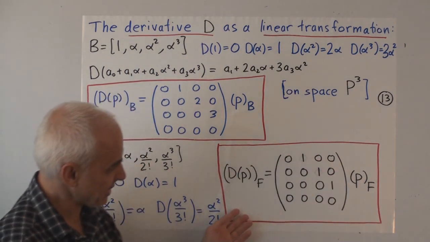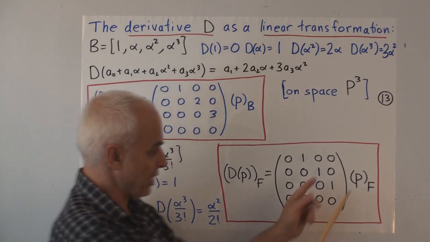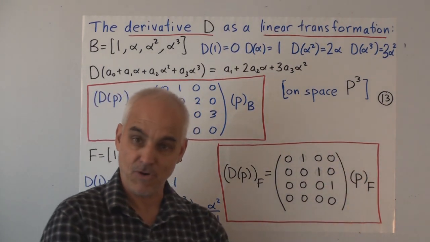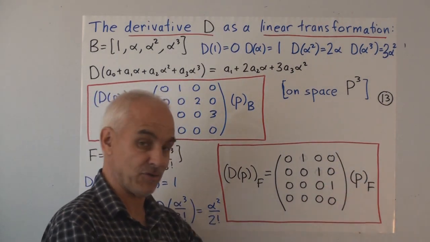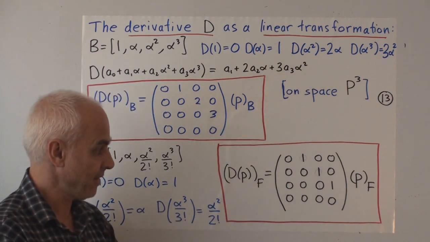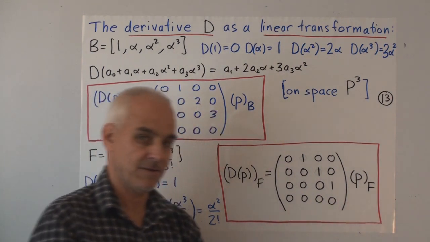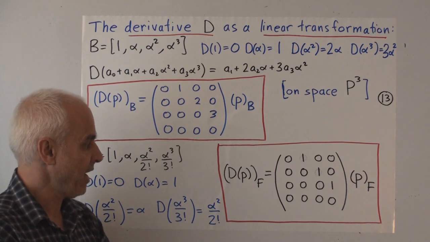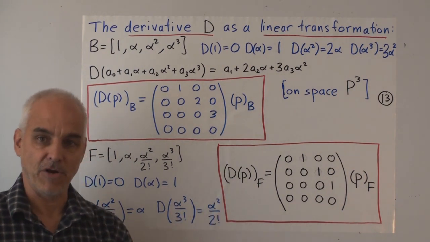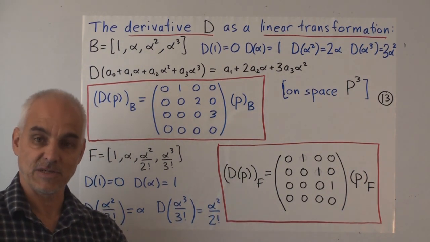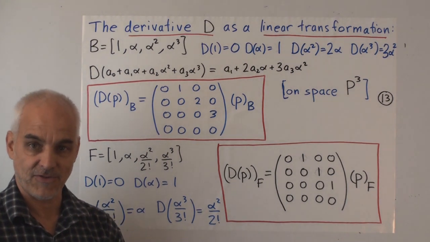And what this is saying is that if you take any polynomial and you look at its coefficient vector with respect to the factorial basis, you multiply this matrix on the left, then what you get is the derivative of that polynomial, also expressed in the factorial basis.